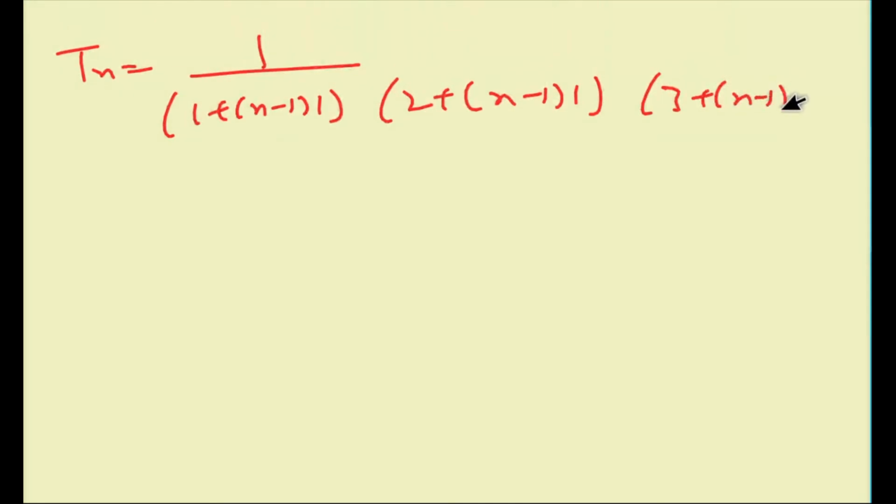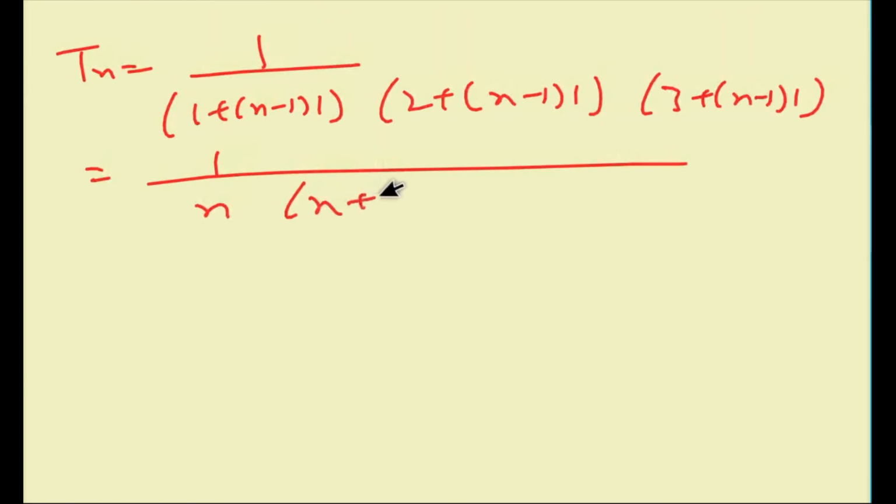So we can write here Tn is 1 upon A plus n minus 1 d, A plus n minus 1 d, A plus n minus 1 d. Okay, so now I think you are well practiced in AP, so this will be no problem. n, n plus 1, and n plus 2.